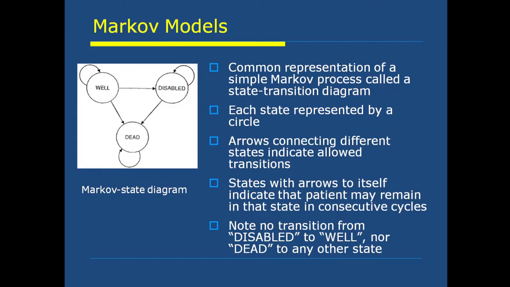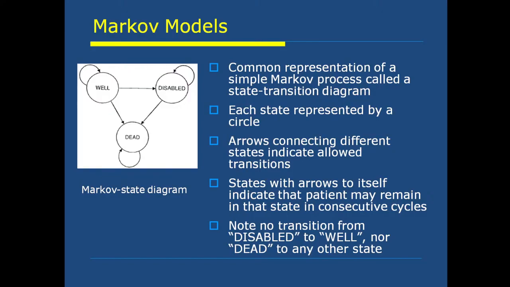We have 3 different states, and lines as transitions from one state to another. Each state is represented by a circle. Arrows connecting different states indicate possible transitions.